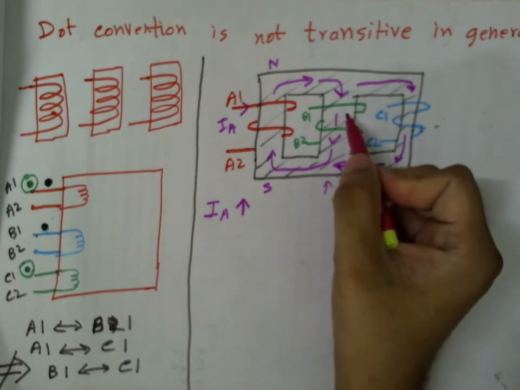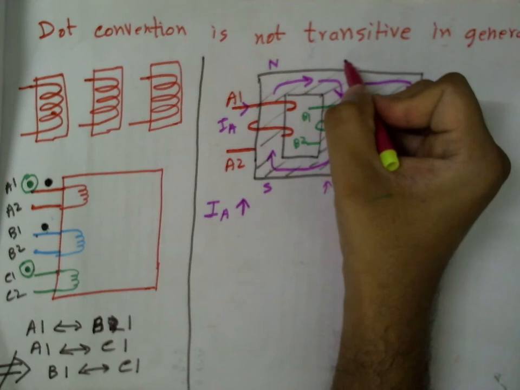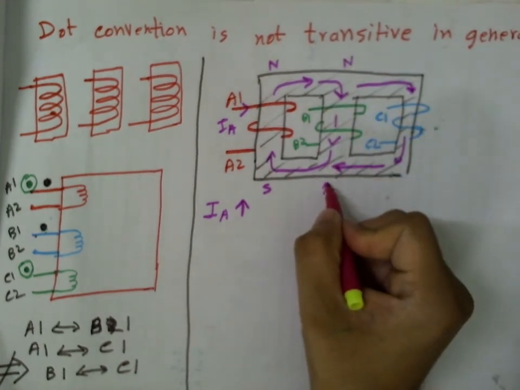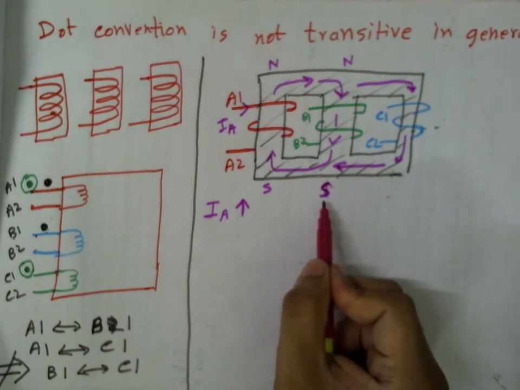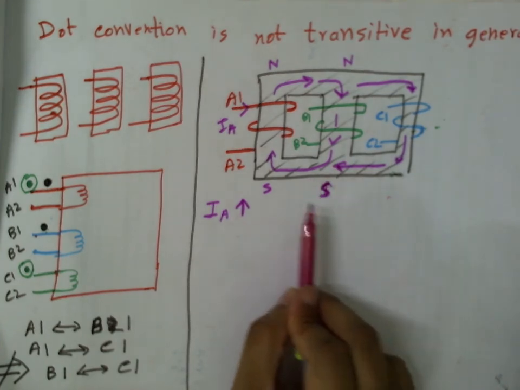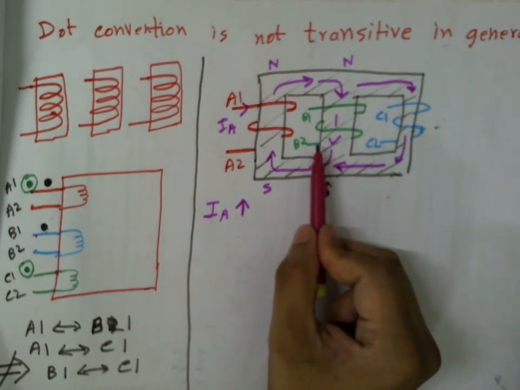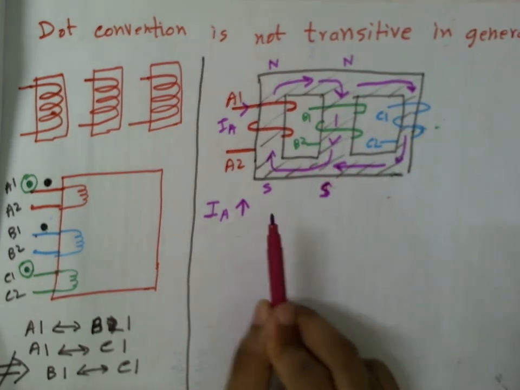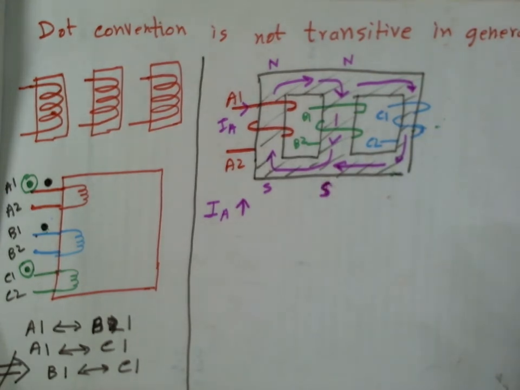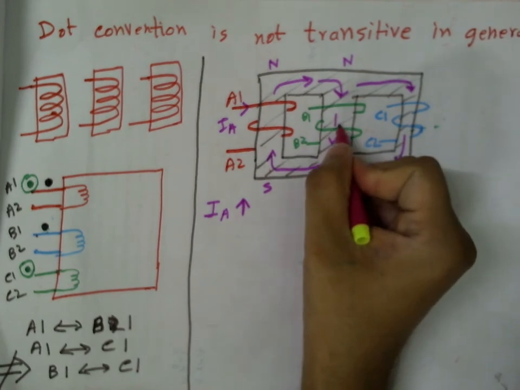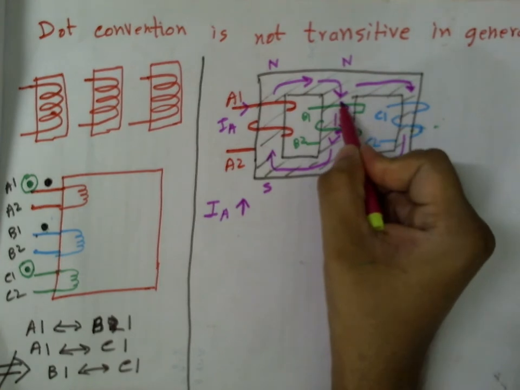Okay, so upwards direction means this side should be north, this side should be south. So if this should be south, that means the coil B should try to drive a current in a clockwise direction as seen from the bottom.